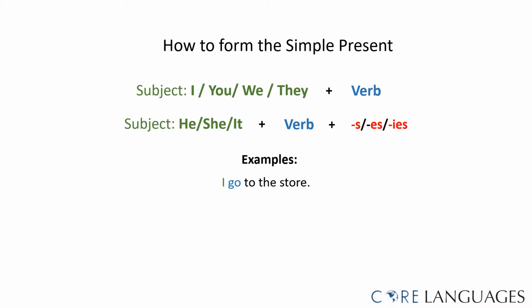I is the subject and go is the verb in the simple present. It is nice outside. It is the subject and is the verb in the simple present. She has a lot of friends. She is the subject and has is the verb in the simple present.